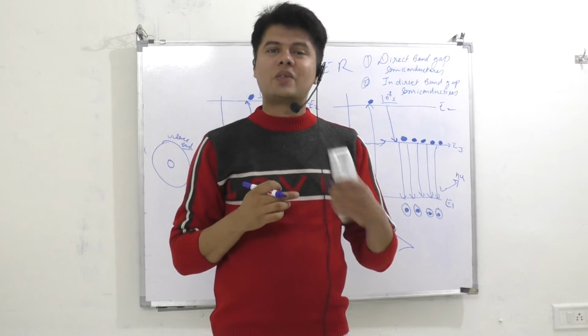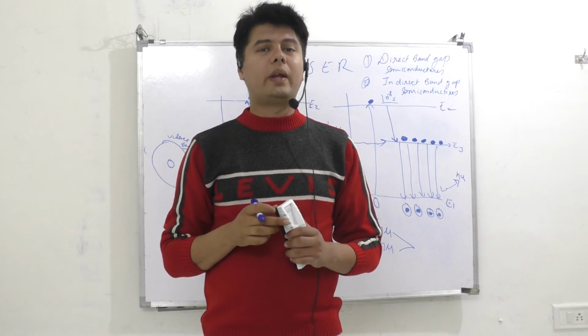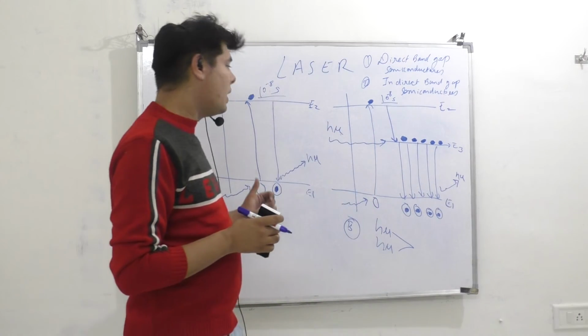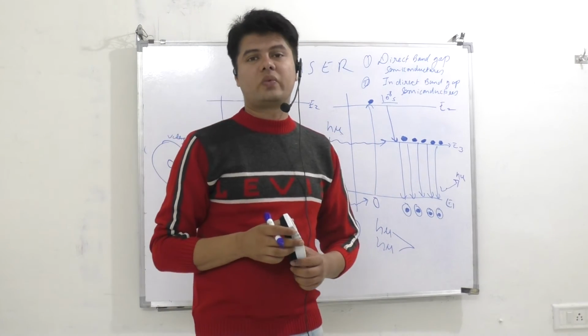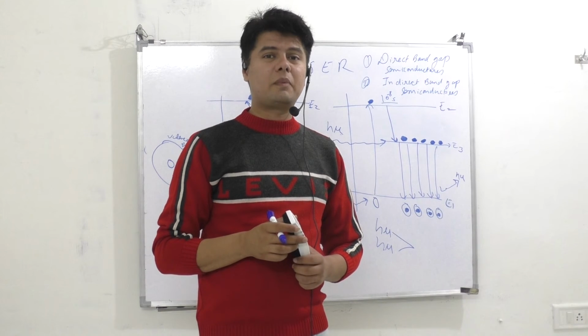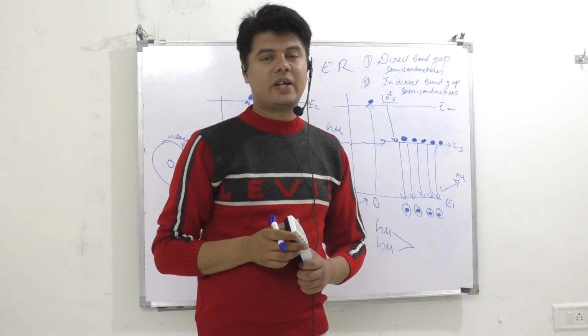That's why the strength of this photonic beam is much higher in comparison to a non-coherent optical source. What is the name of the non-coherent optical source? That is the light emitting diode.